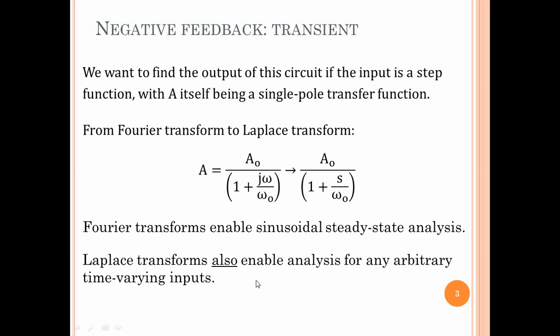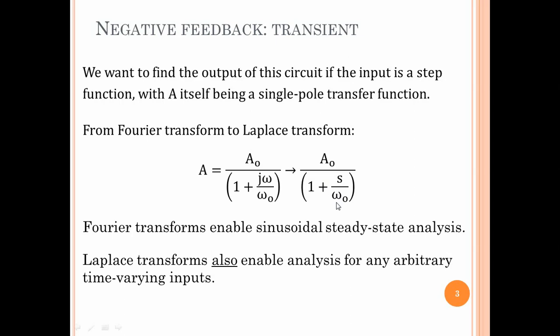So we're going to assume this and analyze this circuit for a step function applied at the input. So we'll say A is equal to A0 by 1 plus s over omega 0.